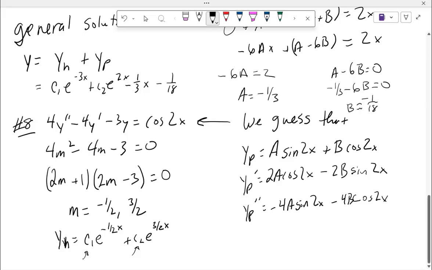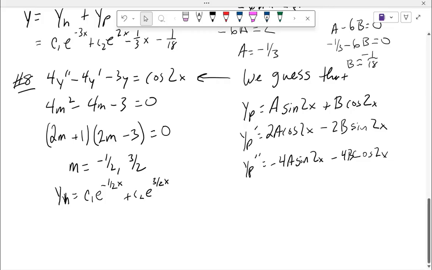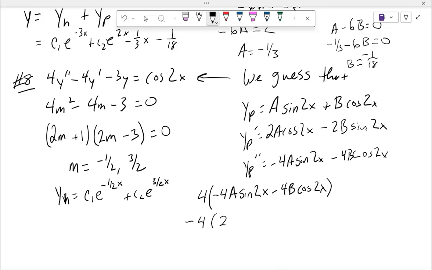Okay. Now we plug it in and see what we get, right? So I need to do a little bit of room here. I need to do 4 times the second derivative. We found our second derivative there. We need to do minus 4 times the first derivative.